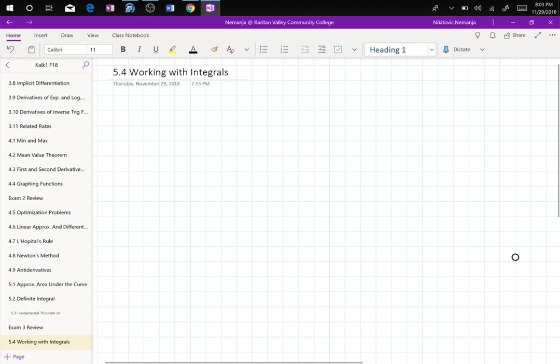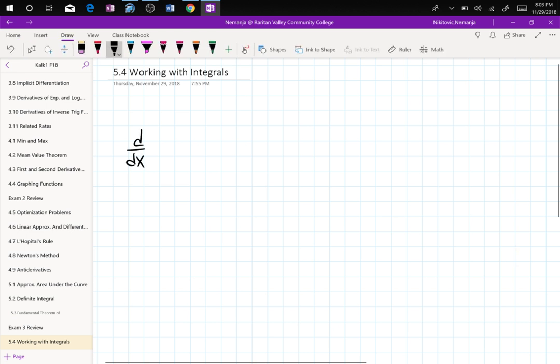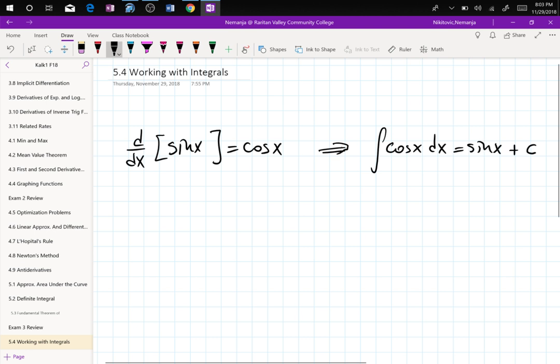antiderivative, which we call integral, is supposed to undo the derivative. So if we have that the derivative of sine x is cosine x, then the integral of cosine x dx is sine x plus c.